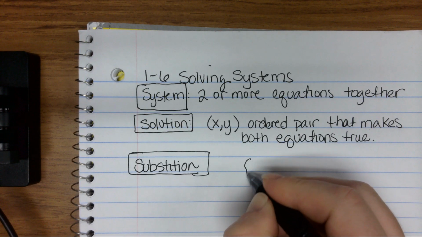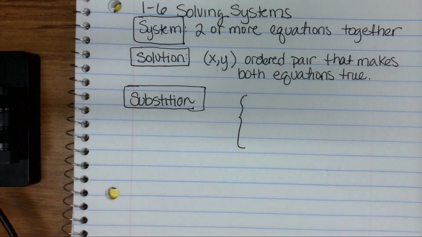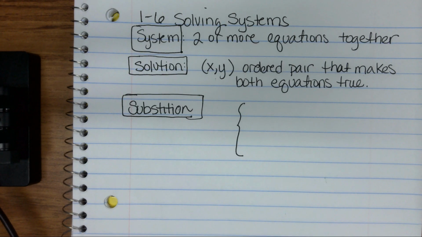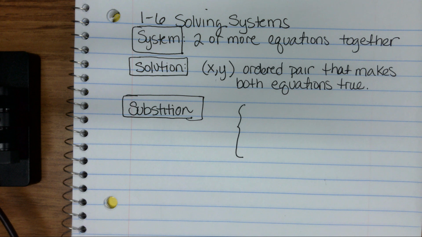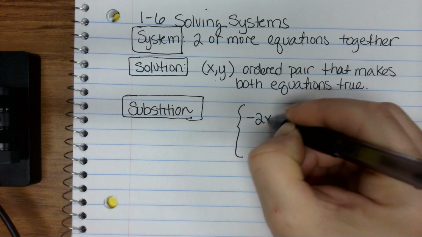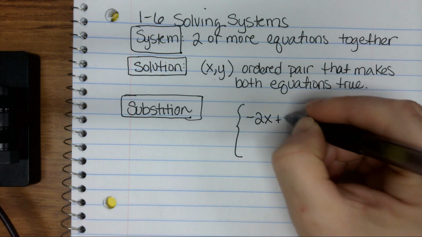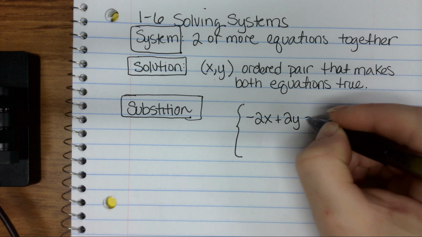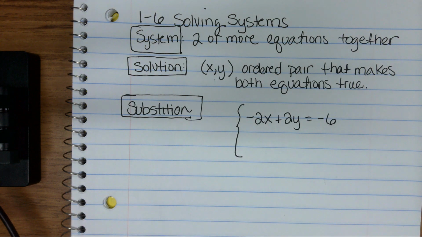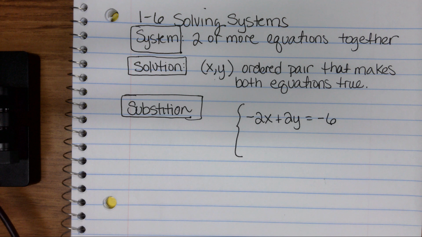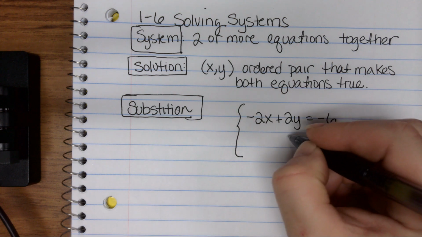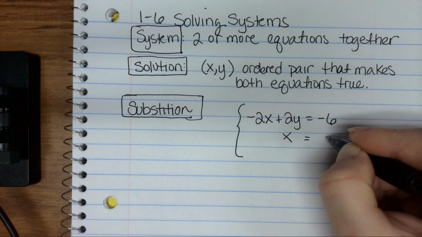First of all, to show that the system is together, we usually have a bracket or something like this, or they're stacked right on top of one another. This would be something along the lines of negative 2x plus 2y equals negative 6, and then x equals y plus 3.